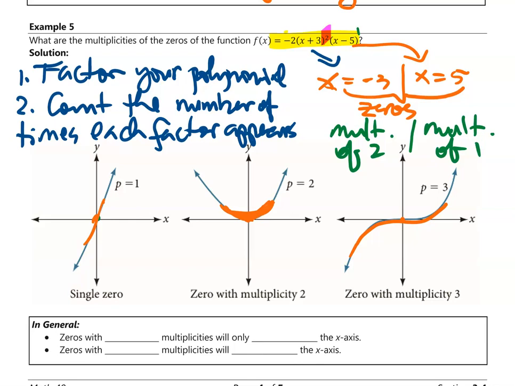So in general, zeros with even multiplicities will only touch the x-axis, meaning it will not cross the x-axis.